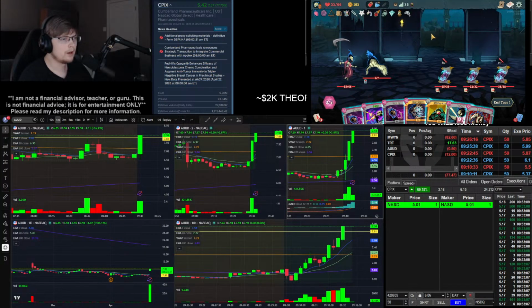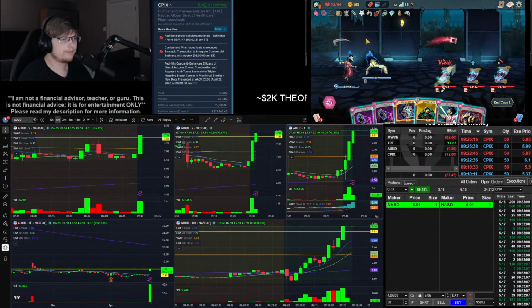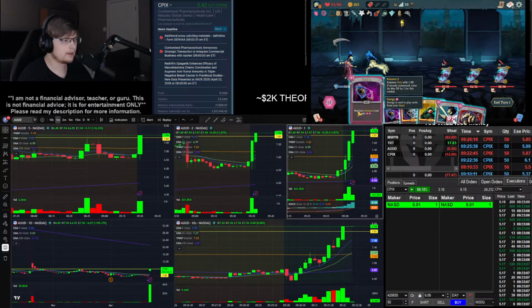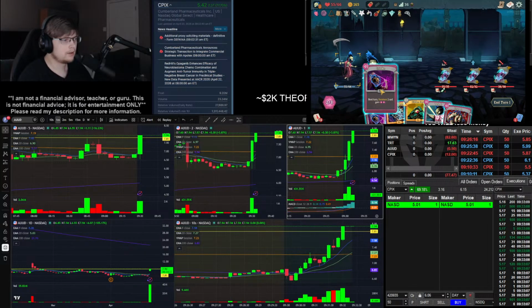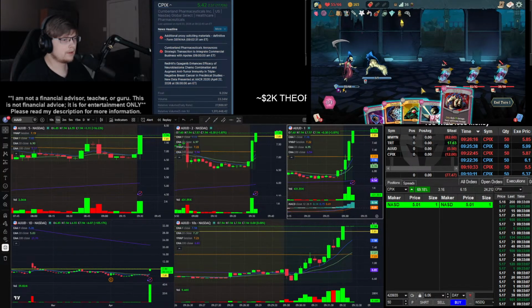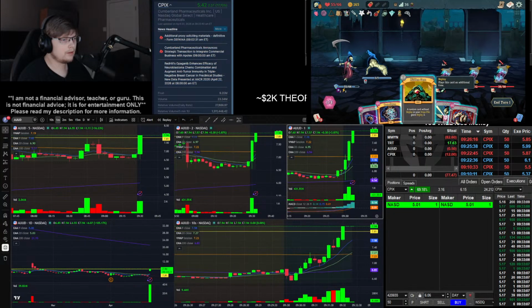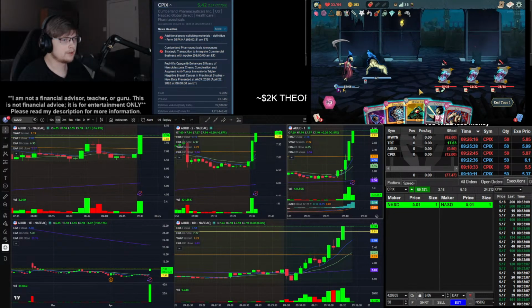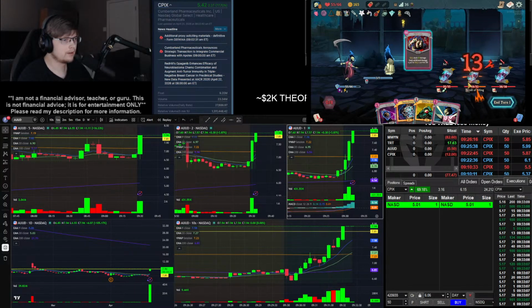I want to use my block potion here. 6, that's 20. I think I will use my block potion so that I can invoke once, and do a little bit of damage on the guy that's buffing.